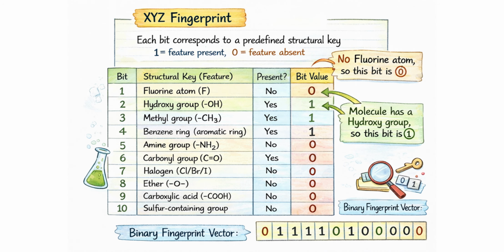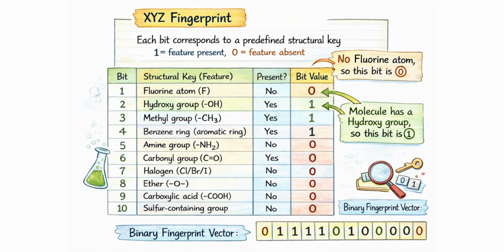We have predefined structural keys for a fingerprint, and each key corresponds to a structural feature. In order to generate the XYZ fingerprint for a molecule, we compare the molecular features to the keys in the fingerprint pattern. For example, the first bit might represent the presence of a fluorine atom in a molecule.